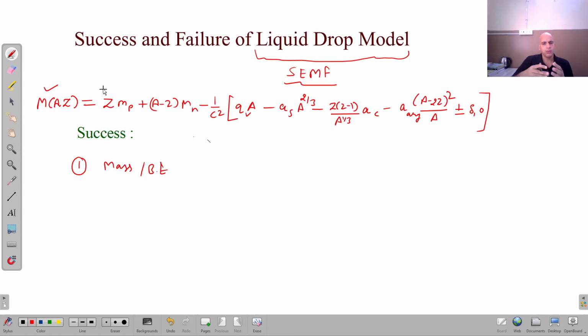When we calculated the mass of different nuclei and binding energy, it was found to be correct for several nuclei. I mean, we can say that for most of the time it was correct. So this formula is quite helpful in explaining the mass and binding energy of several nuclei.